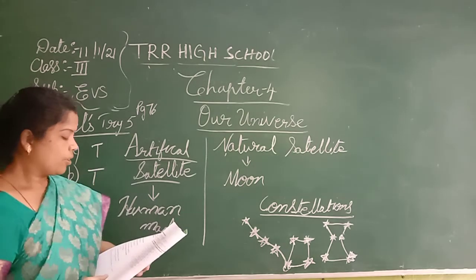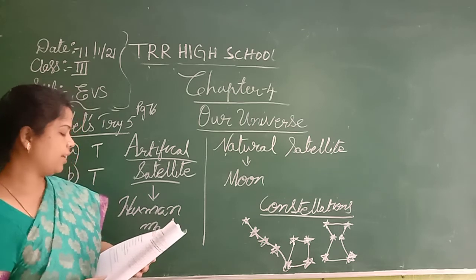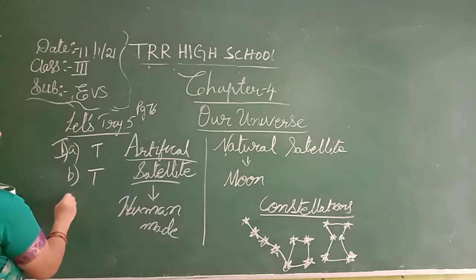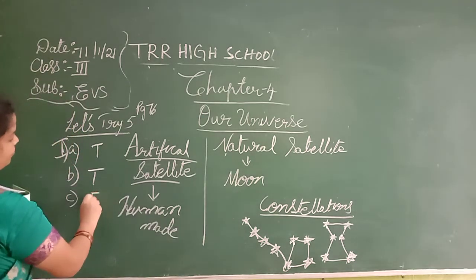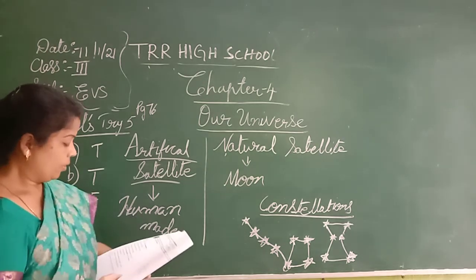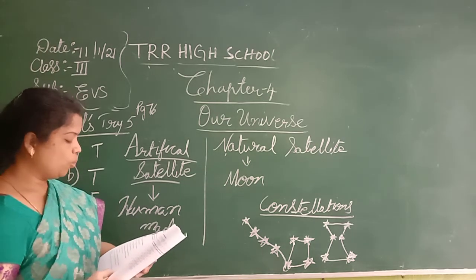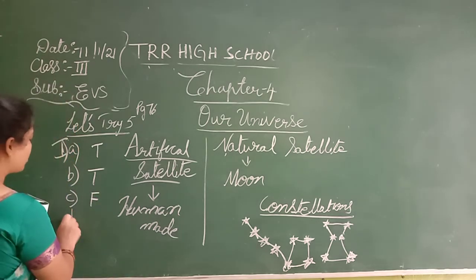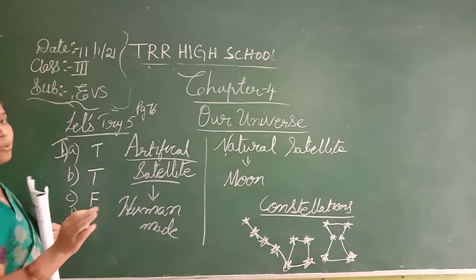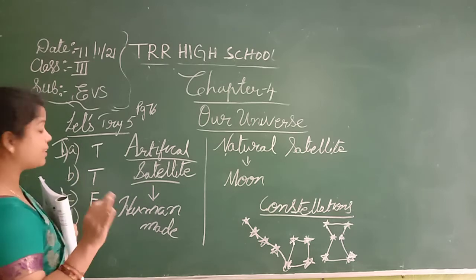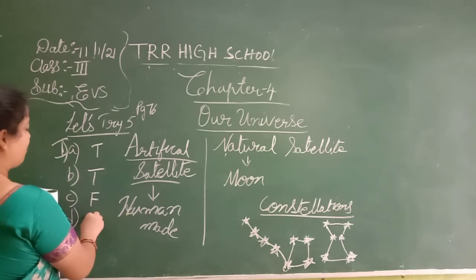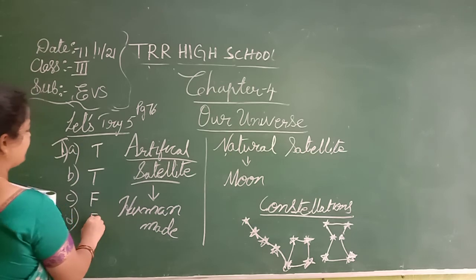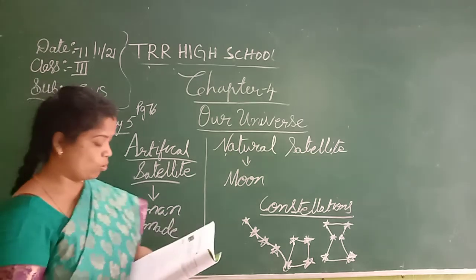Next, the moon is bigger than the sun. It is false. Then, the moon gives out its own light. That is also false, because the moon shines only due to the sun's light, but it doesn't have any light of its own.